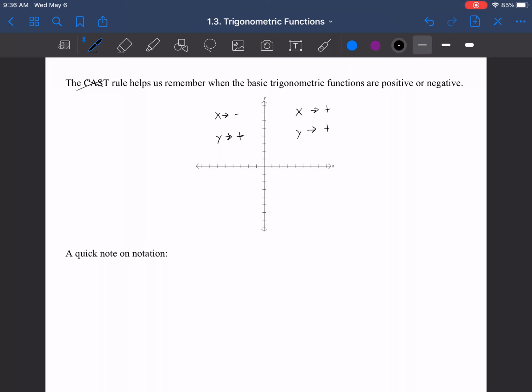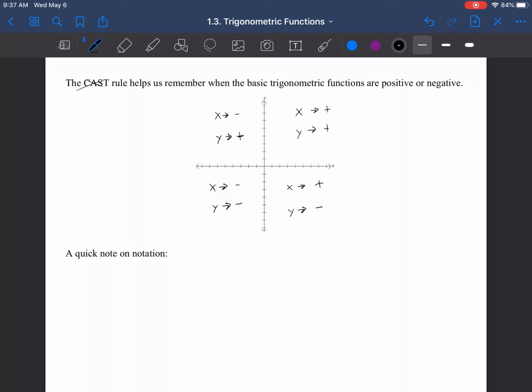Over here, both x is negative and y is negative. And over here, x goes back to being positive and y stays negative. So as long as you can remember that about each one of these quadrants, you should be able to figure out what each of the sine and cosine and everything are.